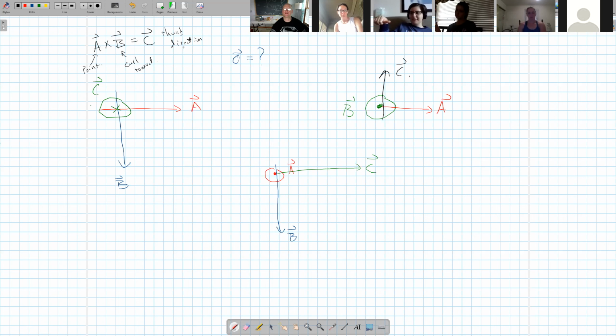Your thumb is pointing towards your computer screen, right? Okay, so then that's towards the page. Correct. Exactly. So that's what this X here means, is that it would be pointing into the page. Is that okay?